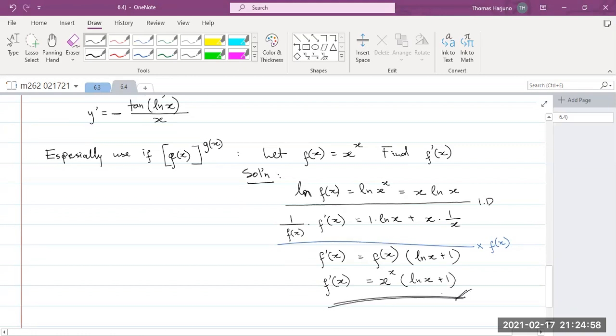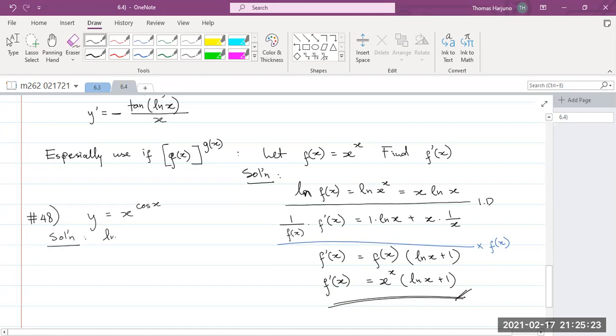This is a standard example in class. Another example that is very, very close to that, for example, number 48. y equals x to the cosine x. Find y prime. Solution.